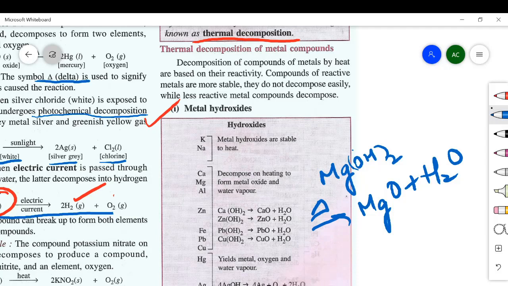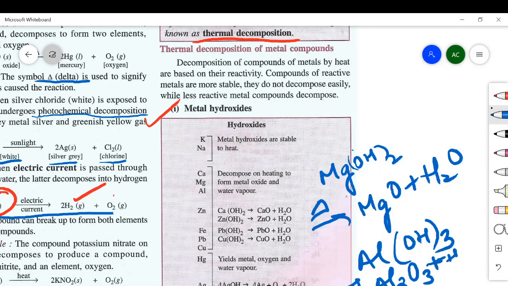Same with aluminium also. Aluminium valency will be 3, so the formula will be this. On heating it will give you Al2O3, that is aluminium oxide, plus water vapor. Got it?